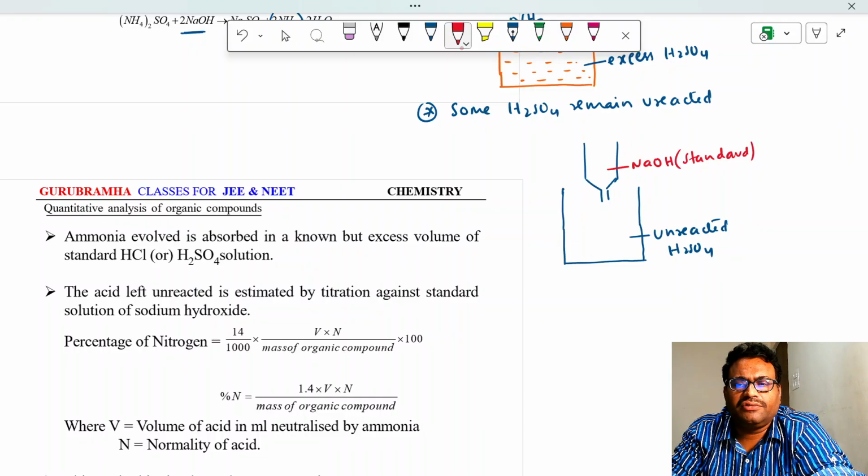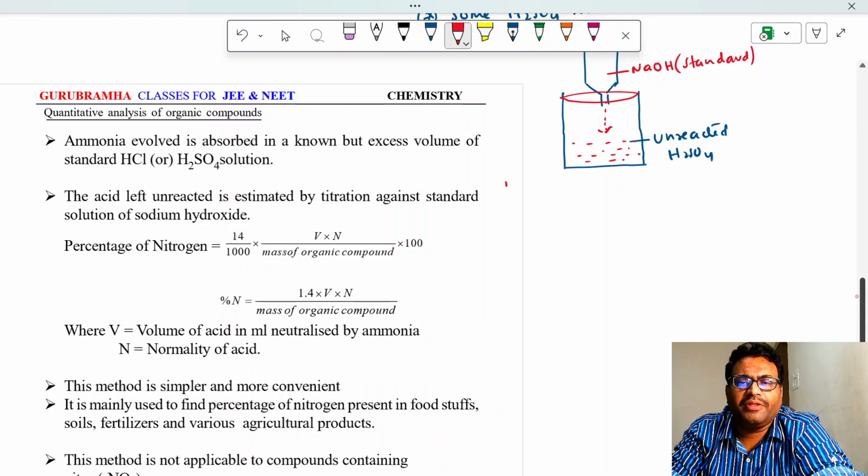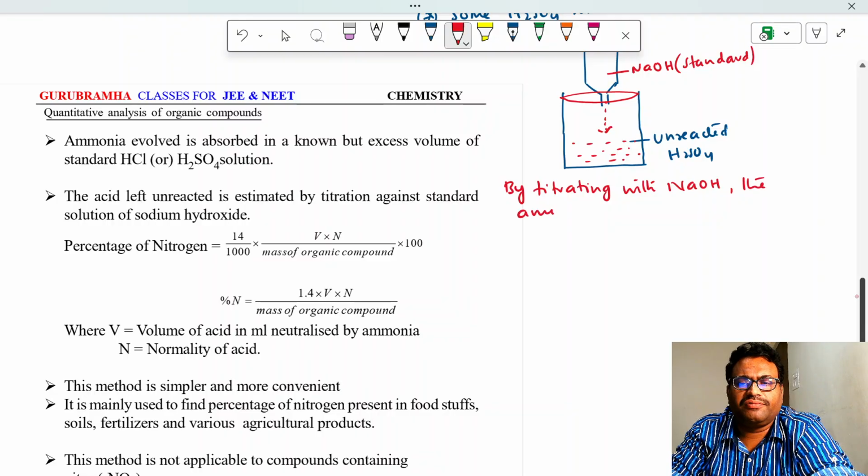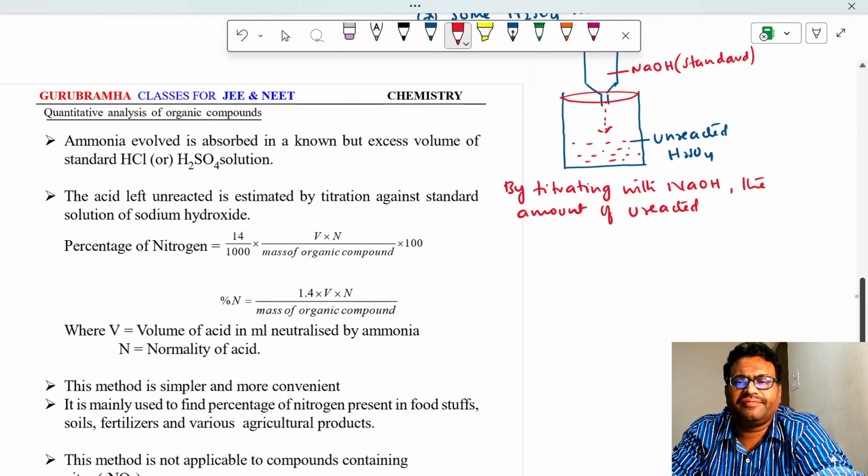So you can take this unreacted H2SO4 and titrate it with NaOH, and the amount of unreacted H2SO4 can be calculated.